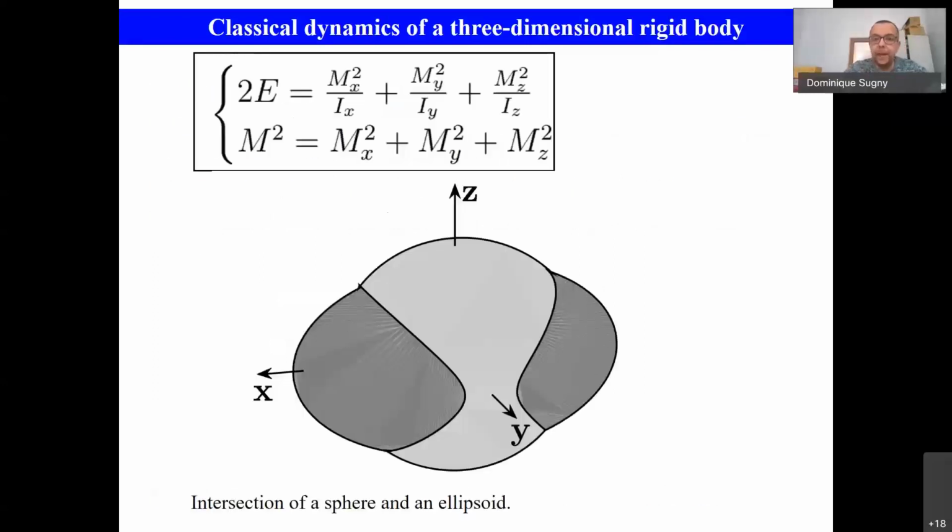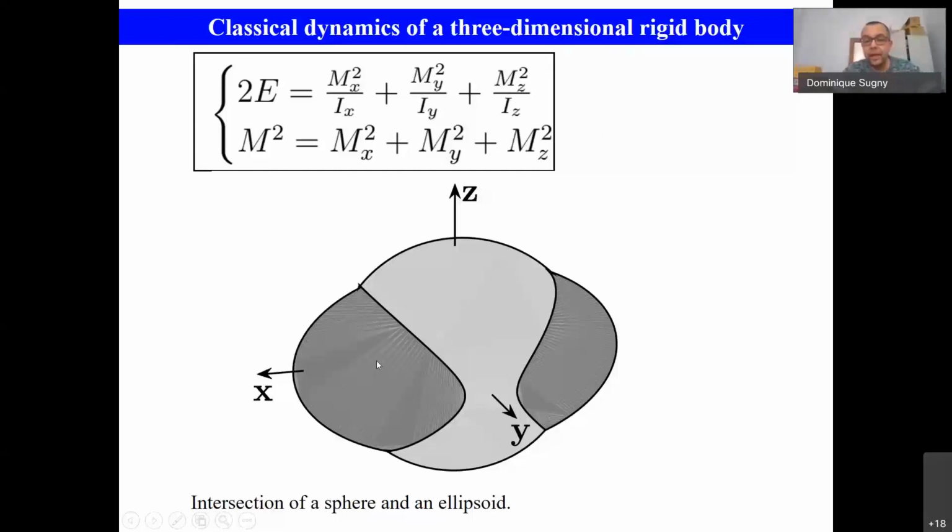So here is a specific picture, for some specific values of the energy E and the angular momentum M. Here in light gray, we have the sphere corresponding to the norm of the angular momentum.